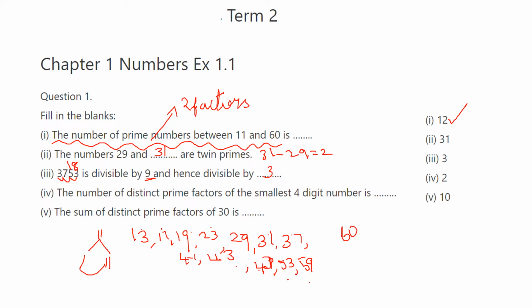The number of distinct prime factors of the smallest 4-digit number. First, the smallest 4-digit number is 1000.